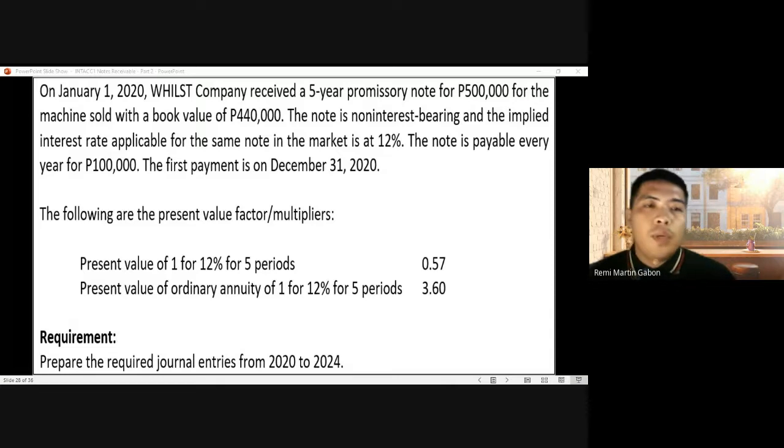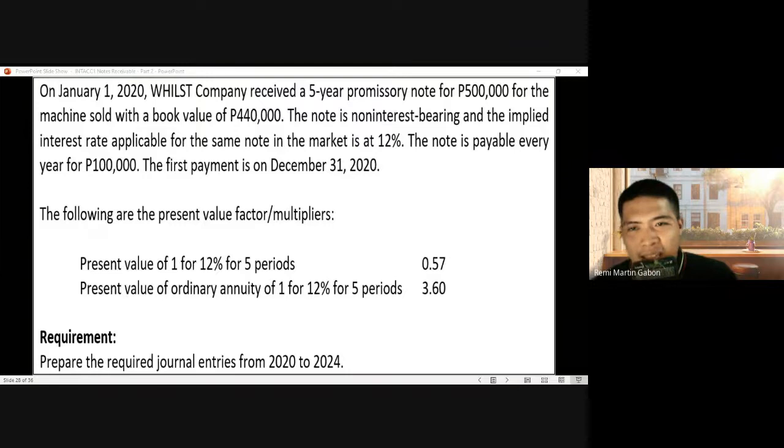So again, how do we solve 0.57 and 3.60? If you applied what I taught earlier, input 1.12 divided by 5 periods. Kindly raise your hand if you got 0.5674268 and so on. Okay, so that is the PV of 1.